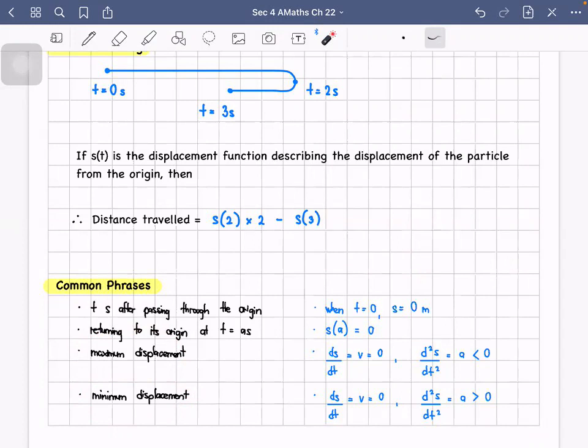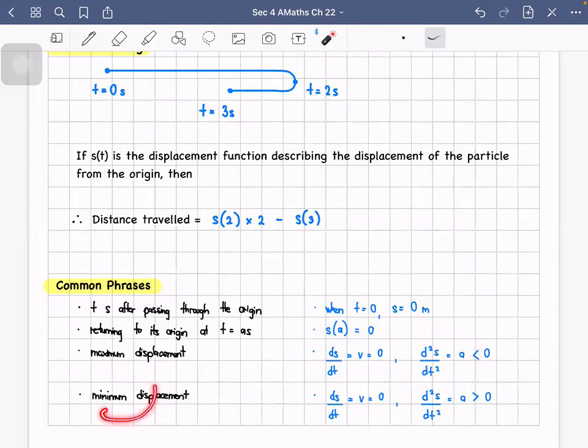So basically, if you're asked for the maximum displacement, you get the derivative of s, or the derivative of the displacement, and then that is equal to 0. By the way, the derivative of the displacement is your velocity. So that means if you see this, velocity is equal to 0. And then if your answer on your second derivative is negative, that means it's maximum displacement, or its maximum point.